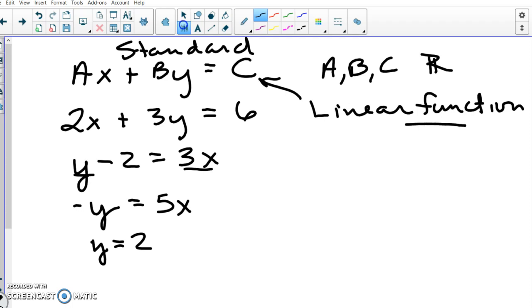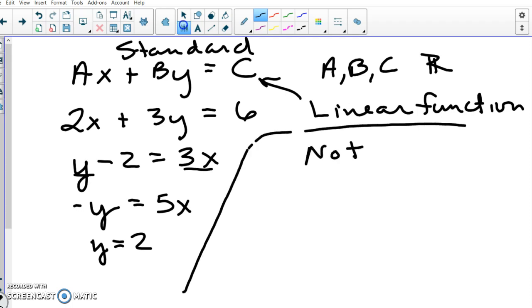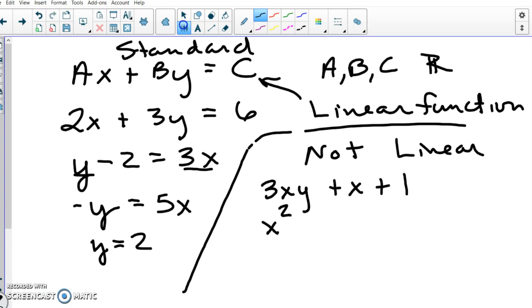If we think about what looks linear, we also might want to compare that to what is not linear. Any function containing the product of x and y together, any function containing a power, any power other than 1 in the function, would not be linear.